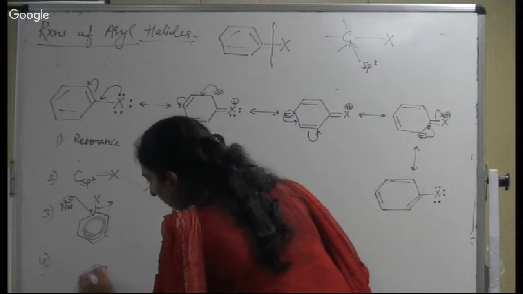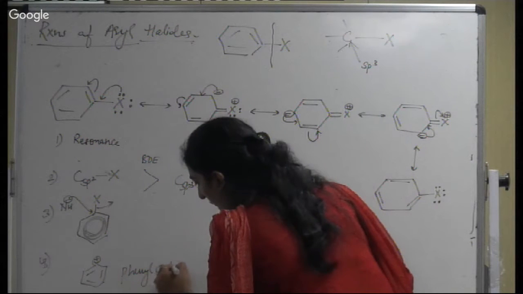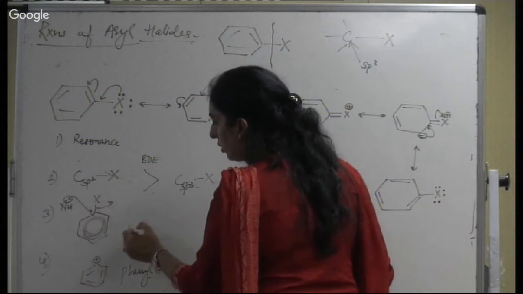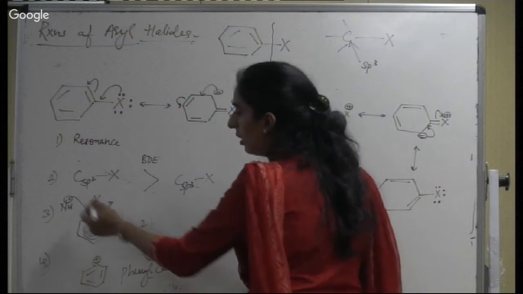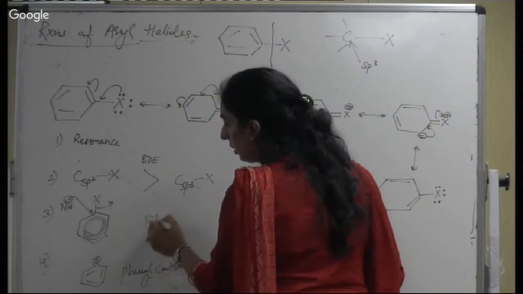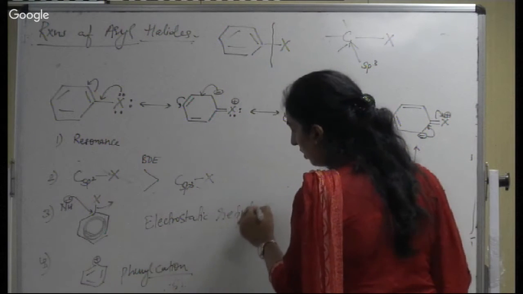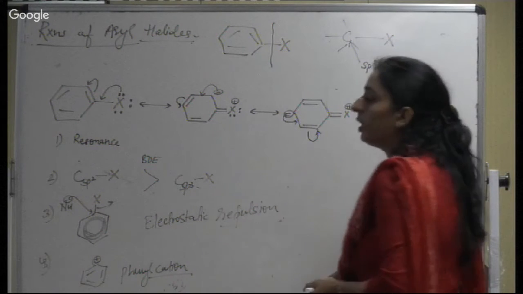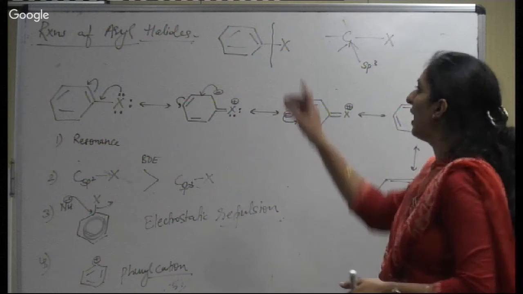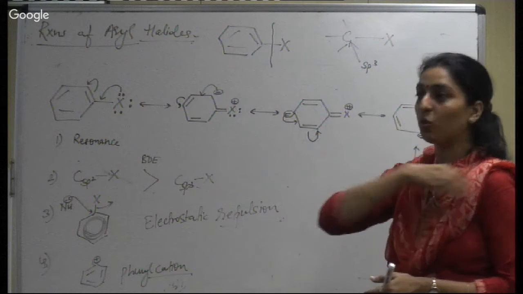You cannot make a phenyl cation because it is highly unstable. Thirdly, SN2 type reaction is not possible because the nucleophile cannot attack because of electrostatic repulsion. Clear? So do you think in the case of aryl halide it is possible to carry out the same reaction? That easy? No, it is not.